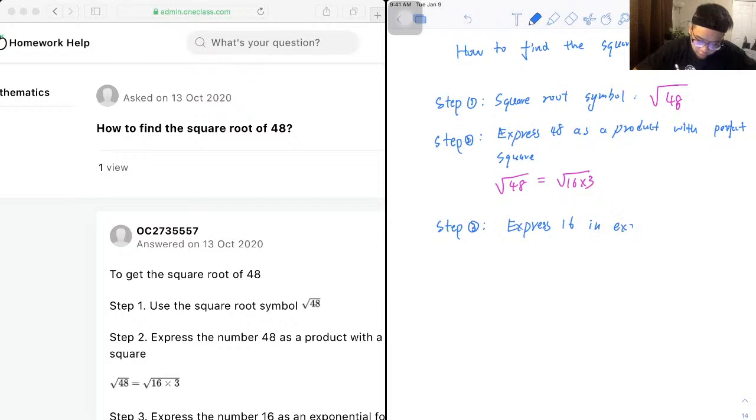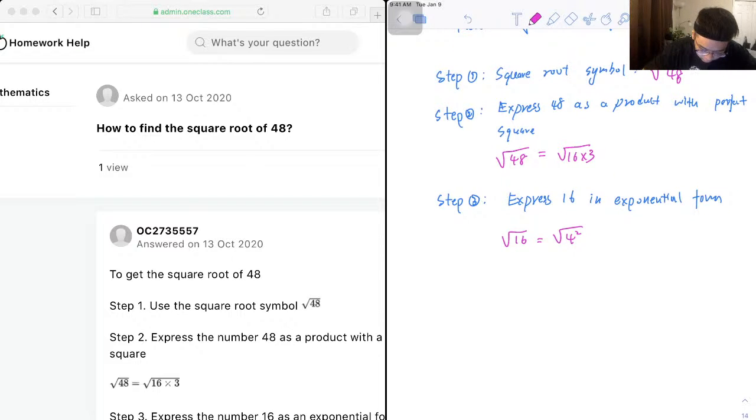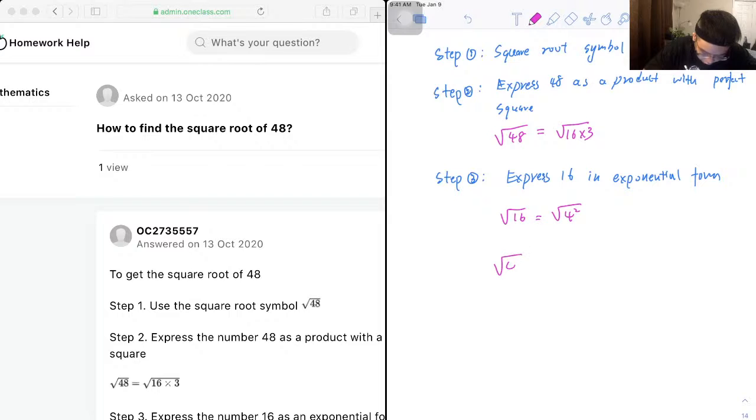Exponential form. So 16 can be written as 4 squared. And recalling what we have earlier, root 48 is equal to, instead of writing 16, we'll write 4 squared times 3.